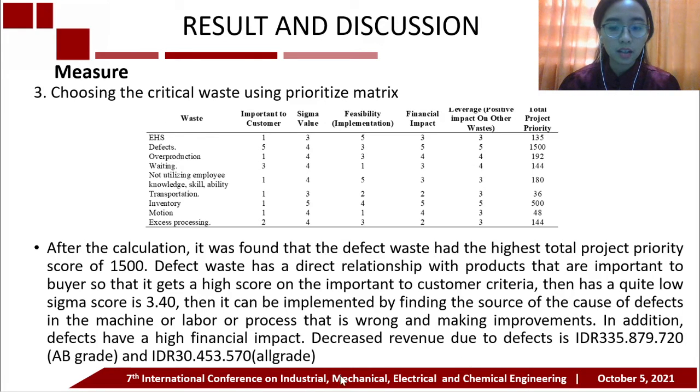And then we can see the waste that has the highest total project priority score when using the prioritization matrix is defect. Defect waste has a direct relationship with the product, has a quite low sigma score, 3.4, is easy to solve, and has a high financial impact, as we can see in the following slide.